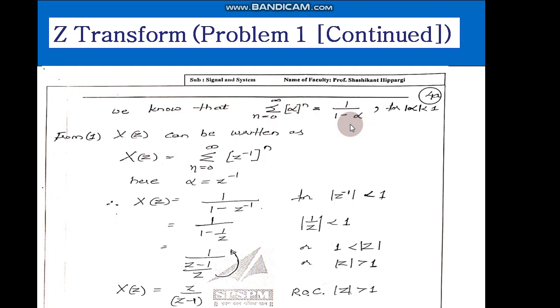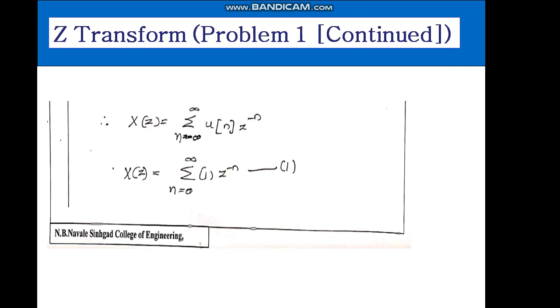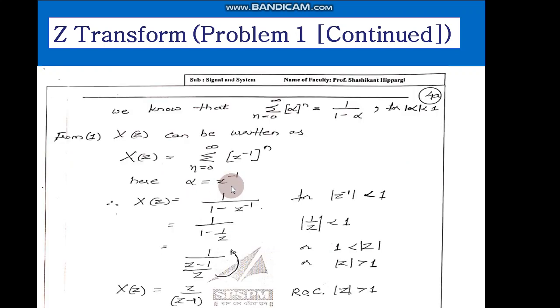Okay, so if I try to correlate this formula with my summation, what we have done is that I have replaced this 1. There is no reason to put 1 here, because 1 into z to the power of minus n is z to the power of minus n itself, and this z to the power of minus n I have written as z to the power of minus 1 raised to n, which I have shown here.